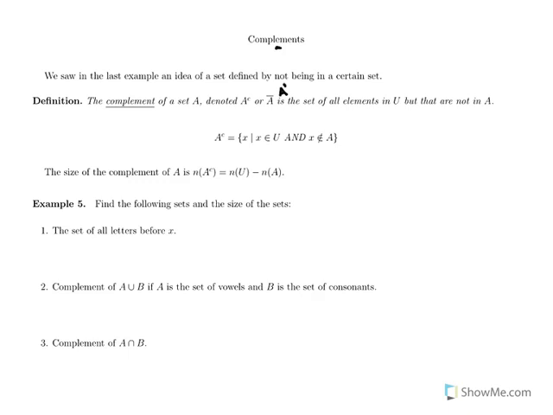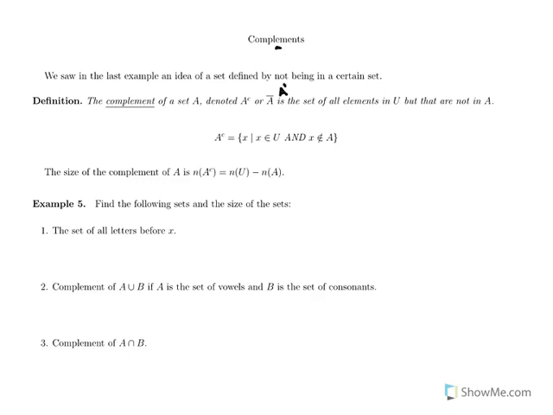All right, so with the complement in mind, let's think about this example. Find the following sets and the size of those sets. So the first one is the set of all letters before X in alphabetical order.